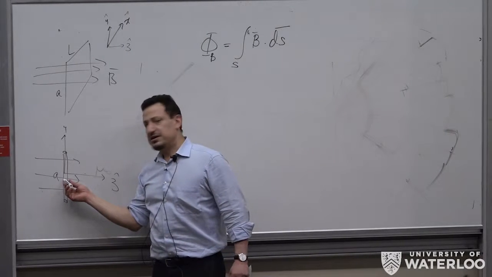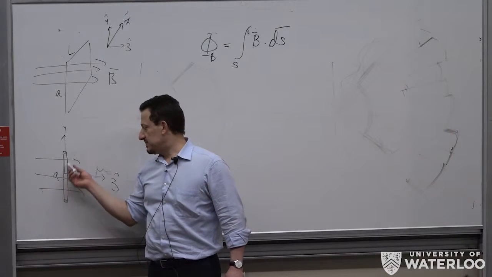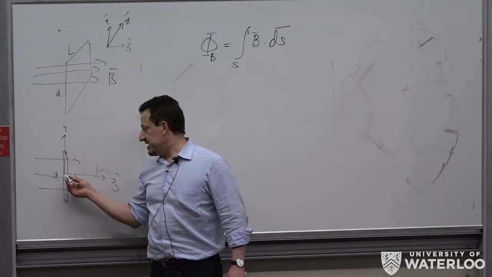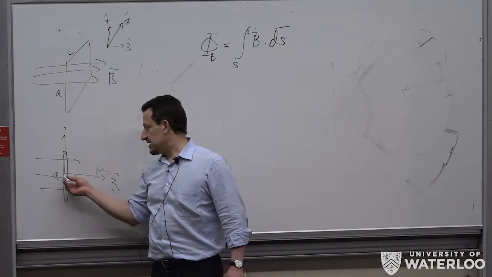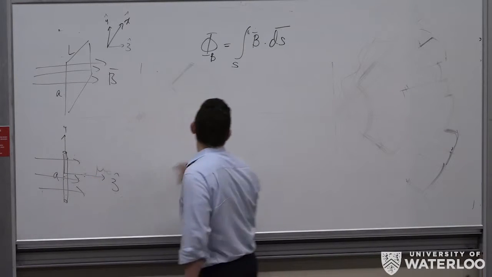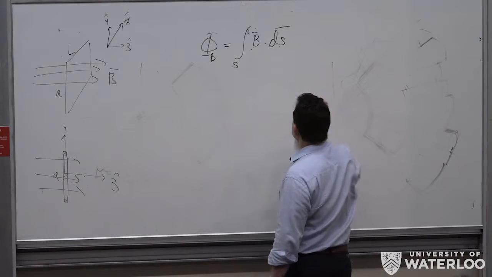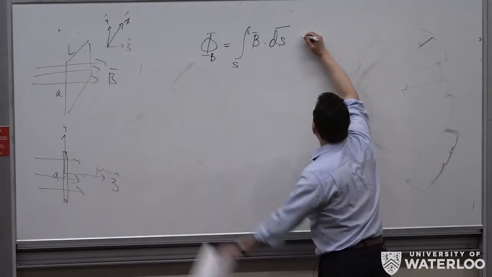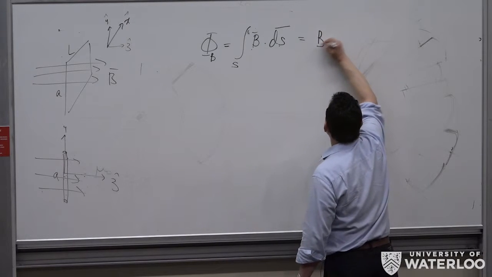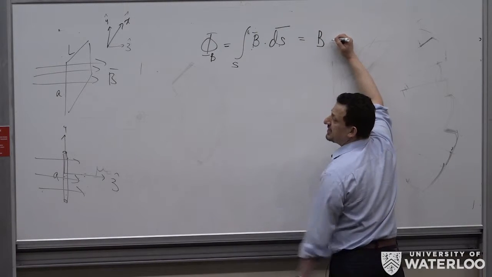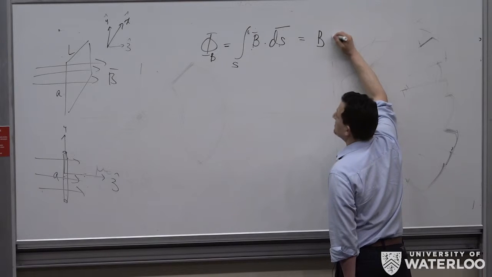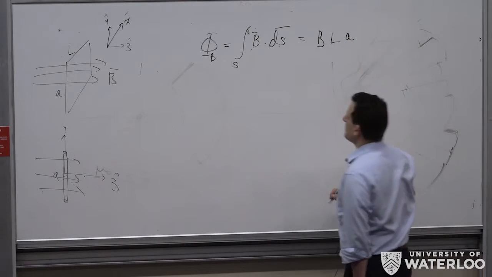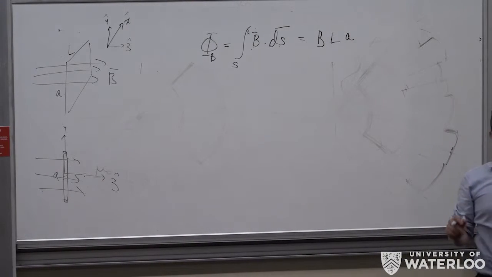Remember, the area has a vector. So you take the area vector, which is pointing in this direction, and take B dotted with ds. For this particular scenario, you will get B multiplied by the area of that loop, which is L multiplied by A. So that's the total flux going through the loop.